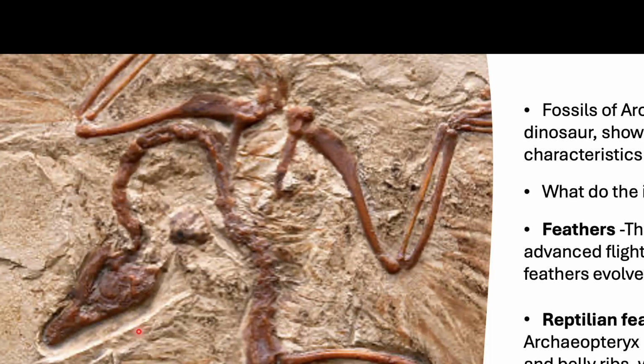Then the Archaeopteryx has also reptilian features. How? The fossils show that Archaeopteryx had a long bony tail. It had teeth, claws, and belly ribs, which are also found in the reptiles. So these are some characteristics of reptiles: a jawed mouth with sharp teeth, a long bony tail, and claws and teeth for hunting, right?